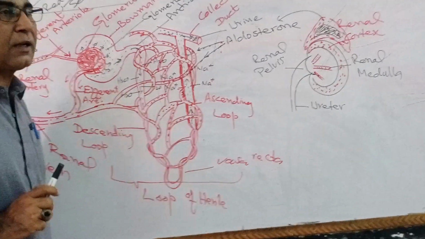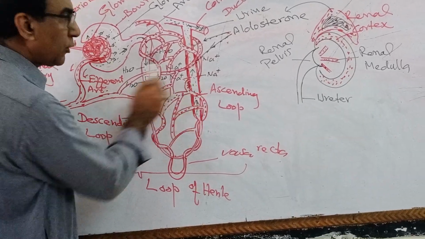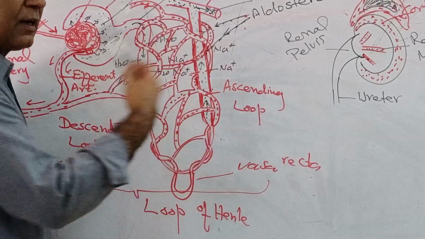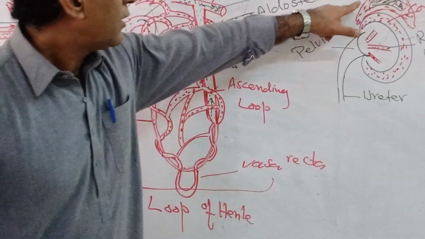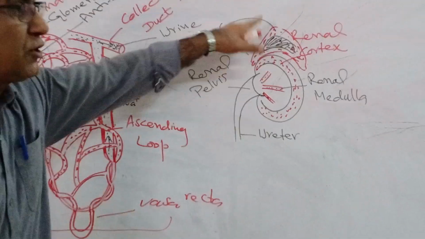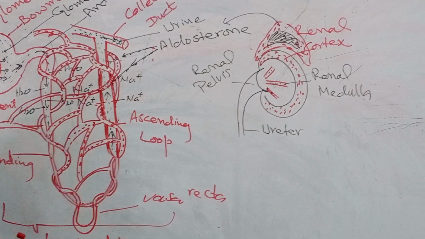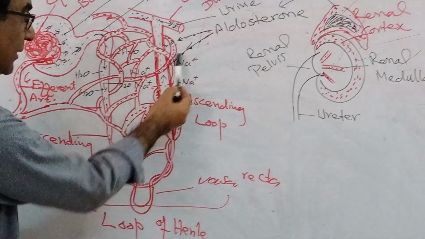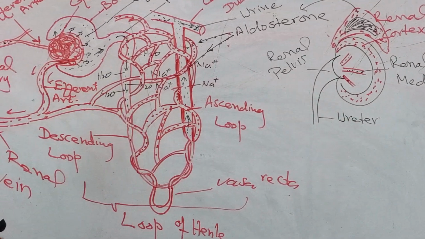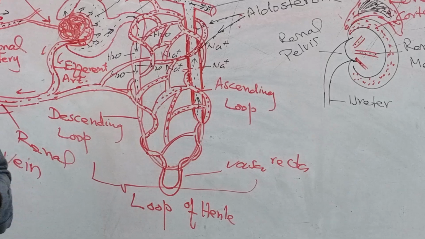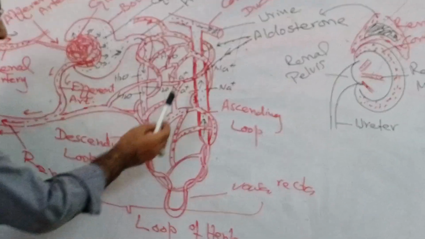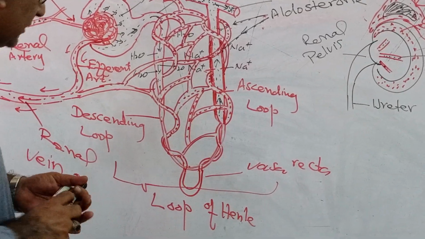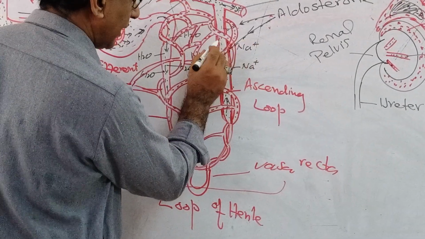Here comes another reabsorption, the reabsorption of sodium ion. That is controlled by another hormone that comes from the cortical region of your adrenal gland. This is aldosterone, which causes the reabsorption of sodium ion. There is another phenomenon called secretion, the secretion of hydrogen ions.